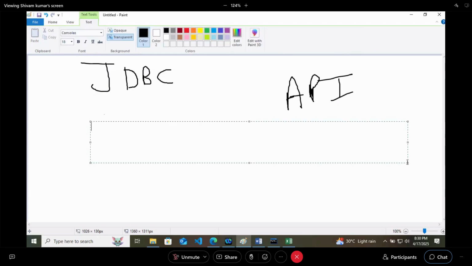All these things we will see, and APIs are generally used for two purposes. First purpose is they make a connection between two different technologies or two different programming languages. They are used to fetch data from an external source.